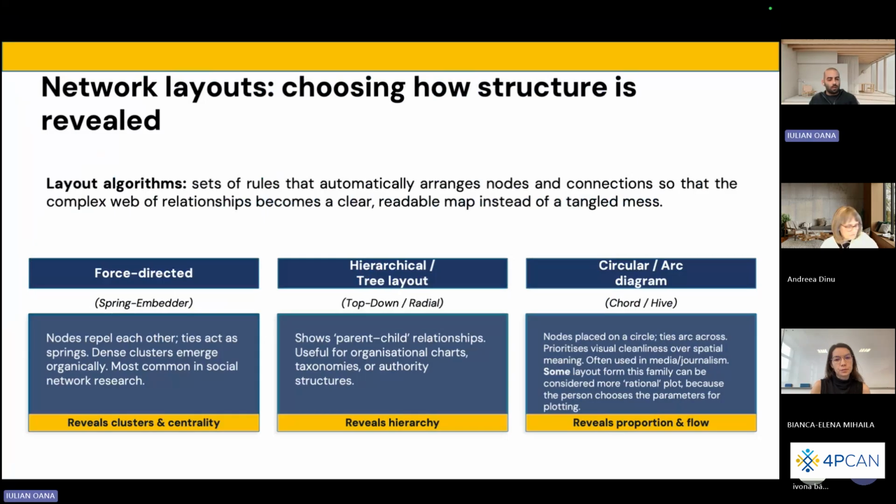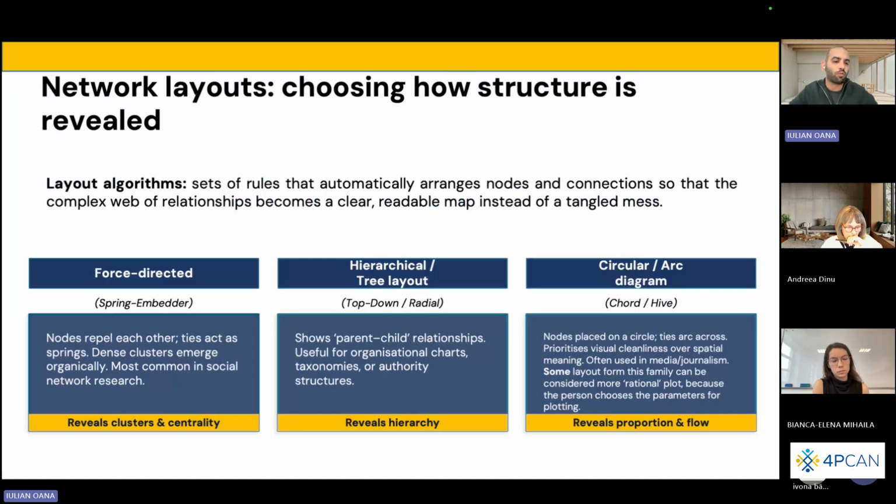The first and most common are the ones called force-directed or spring embedders. What do they do? For example, they start with nodes, which have a tendency to repel each other. But the ties act as springs that bring these nodes together and reduce their tendency to repel each other.